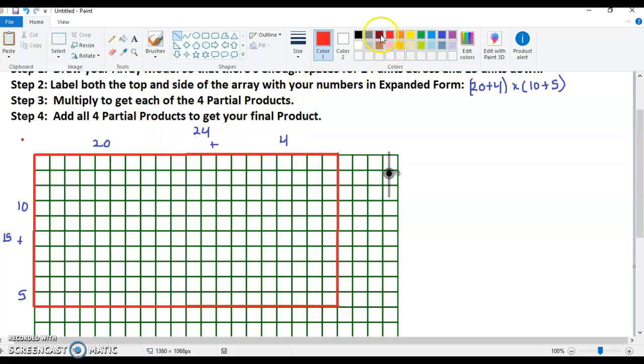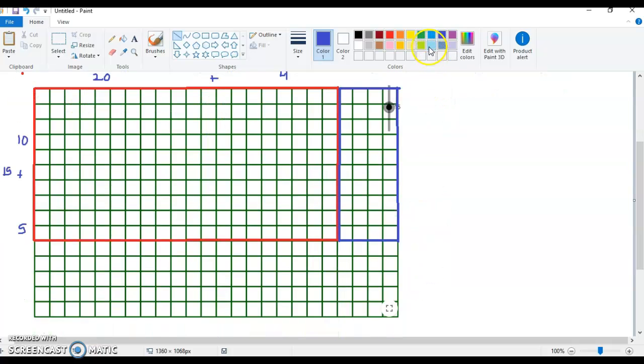And let's pick a different color now. Let's go with blue. The next one is, what do I have left here? I have 4 down here, and then 10 right here. So there's 4 by 10. There's my second one. My third one is going to have 20.